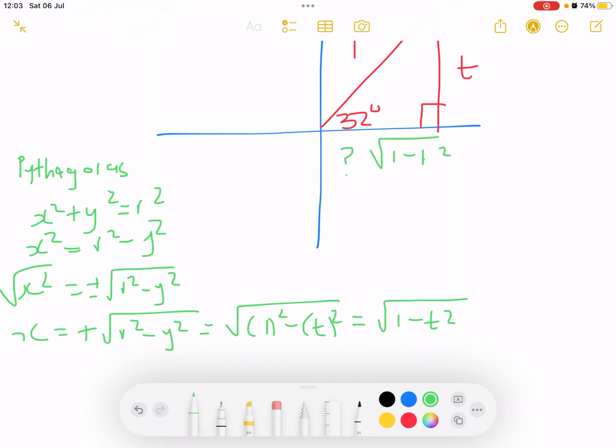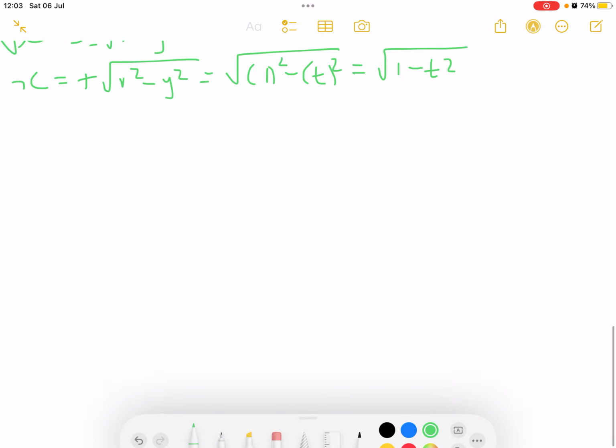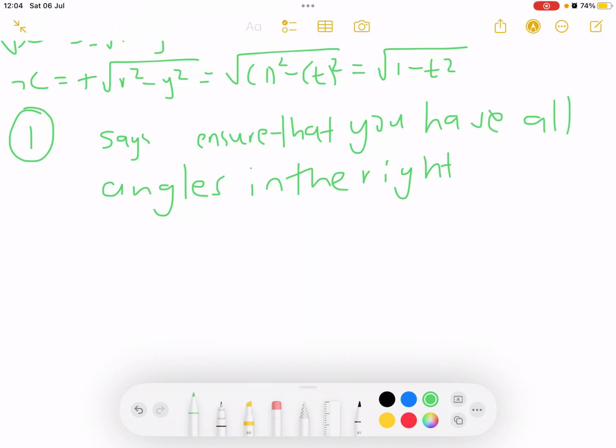Once you've drawn the sketch and it has all the relevant sides, you need to ensure, according to rule number 1, rule number 1 says: ensure that you have all angles in the right angled triangle.